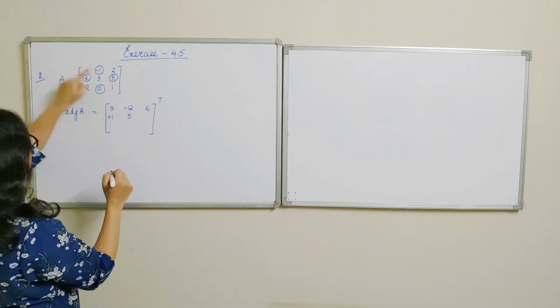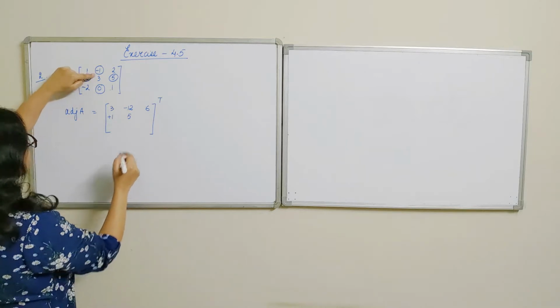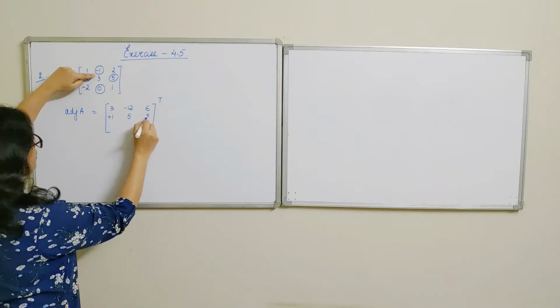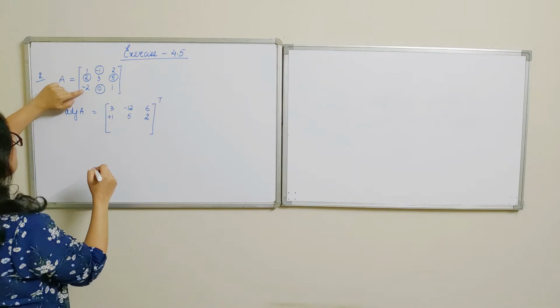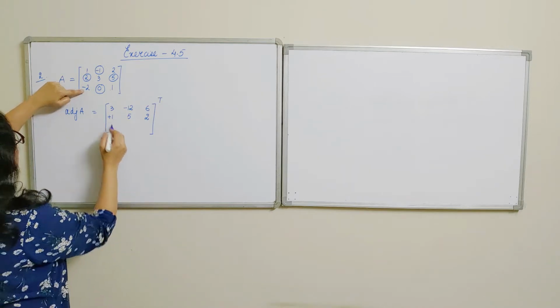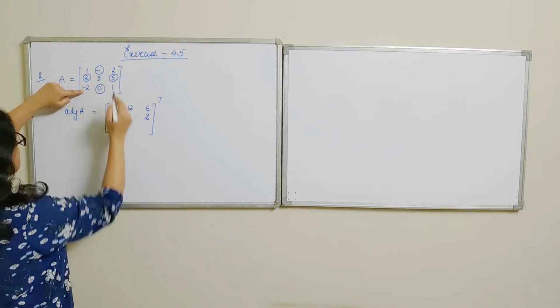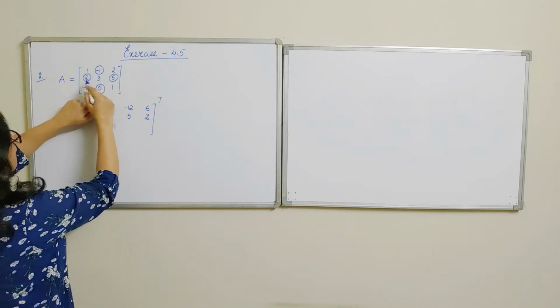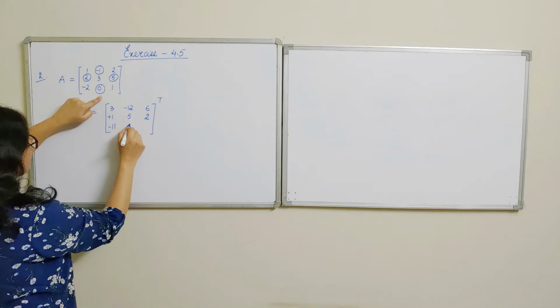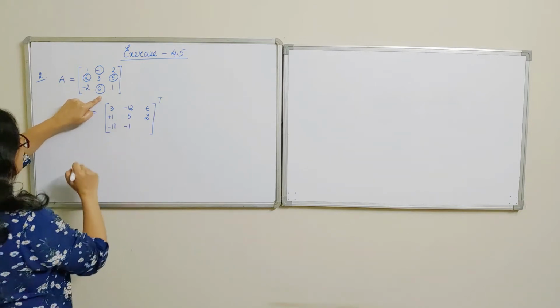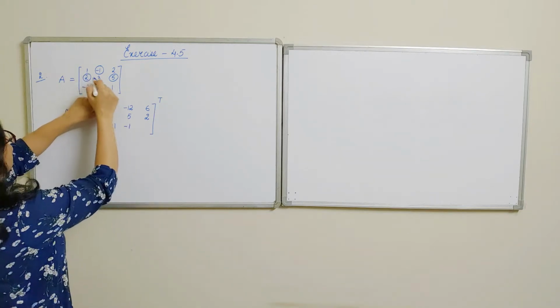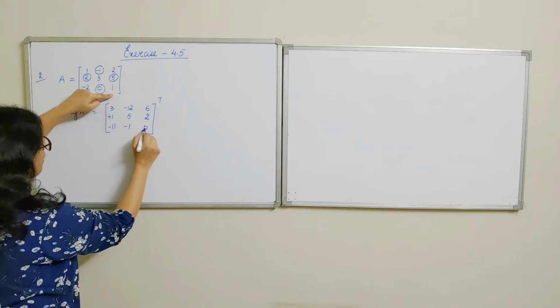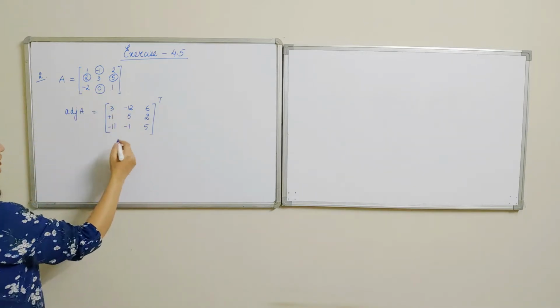And for this element it should be minus 2, so the sign will again change to plus 2. This element has cofactor minus 5, minus 6, that's minus 11. This element will have 5 minus 4, that's 1, and its sign will change. This element will have 3 plus 2, 5. So we have found the cofactors.